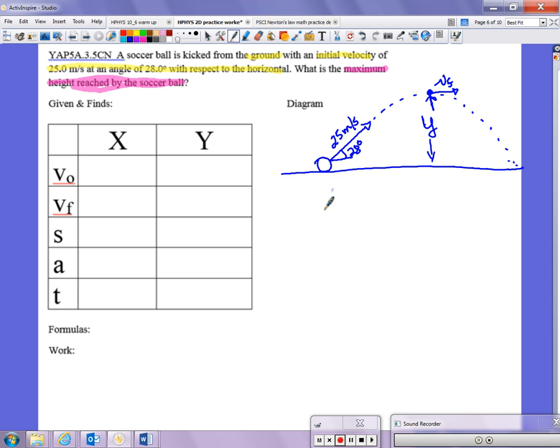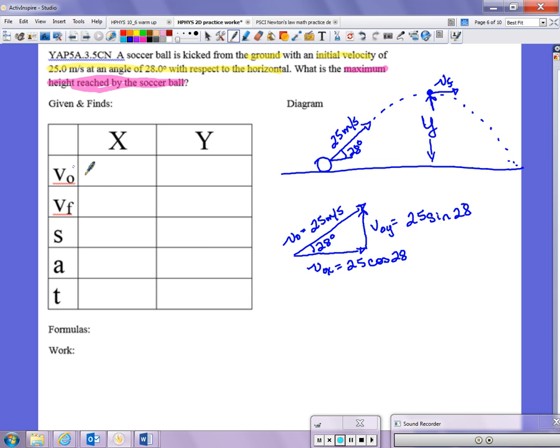So let's look at our initial velocity vector, 25 meters per second at 28 degrees. Our initial y component is 25 sine of 28, and our initial x component is 25 cosine of 28. And so let's start filling out our table.